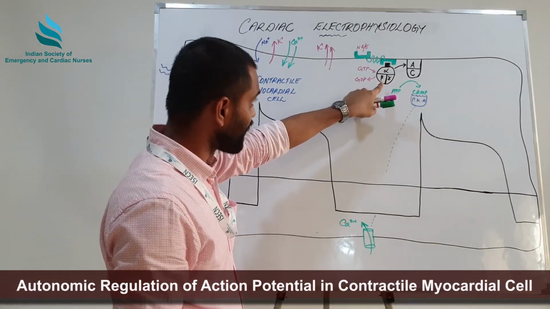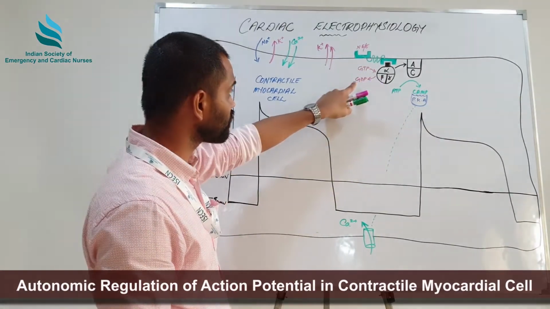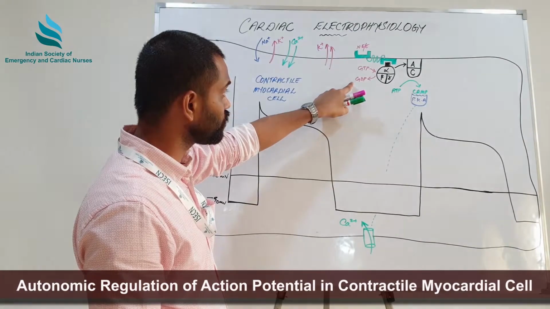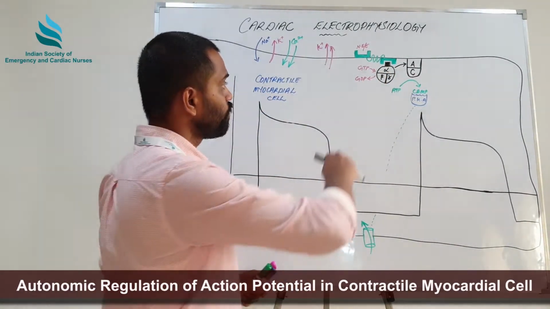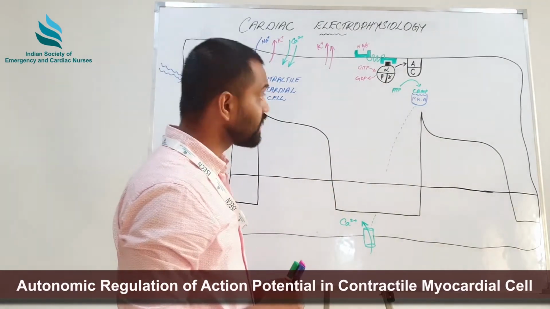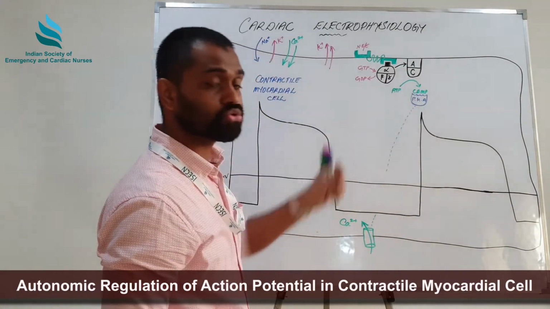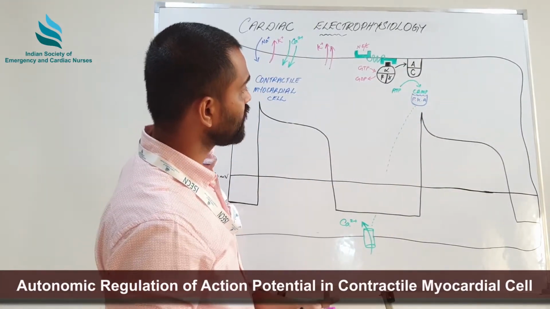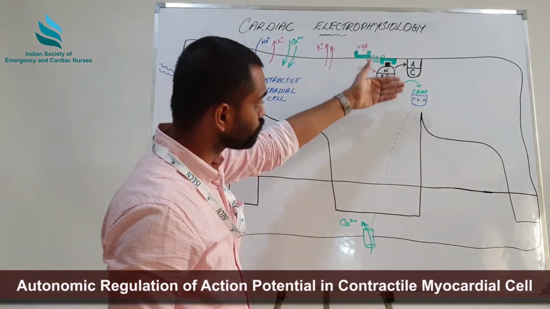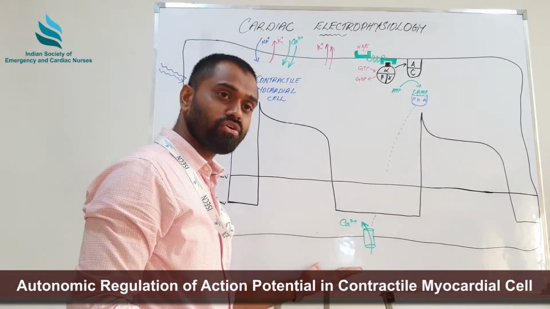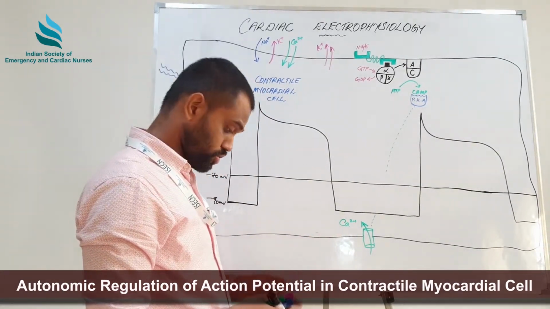As it gets activated, it absorbs a high energy GTP molecule and releases a low energy GDP molecule, and the alpha component of the G stimulatory protein will activate the adenylyl cyclase, and the adenylyl cyclase will help convert ATP to cAMP, and the cAMP will further activate protein kinase A. With the action of protein kinase A, we have opening of calcium channels and the cell will get loaded with cations.